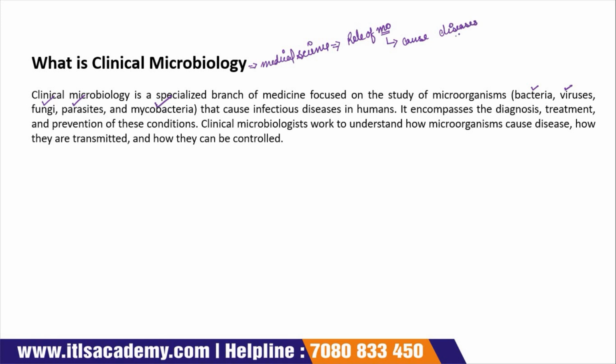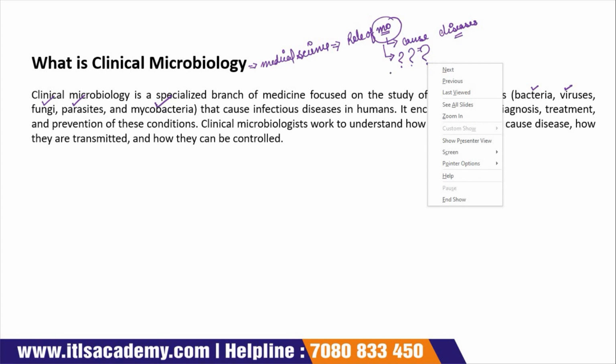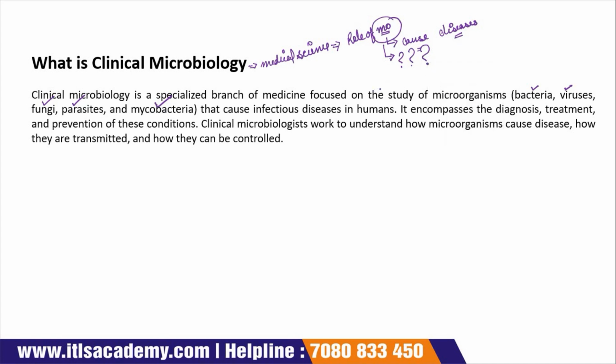In clinical microbiology, we study how these microorganisms cause a disease in humans, how we diagnose this particular disease, what the mode of transmission is, what the treatment is, and what methods we use to control the spread of this disease between humans.